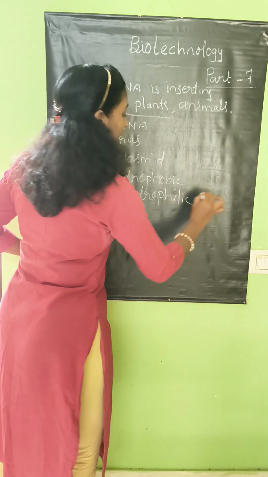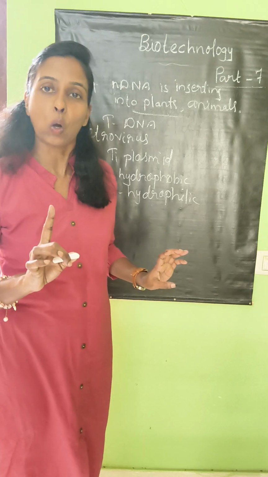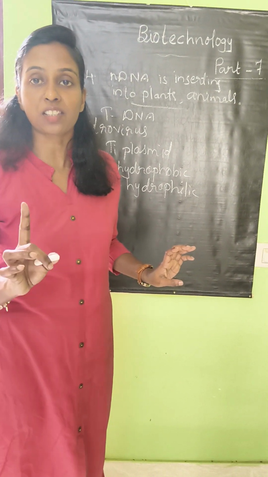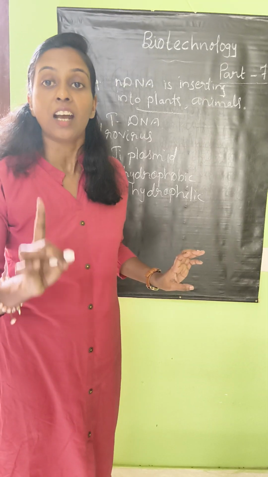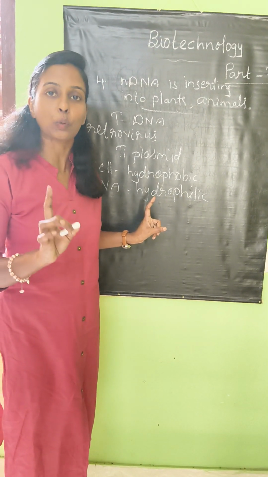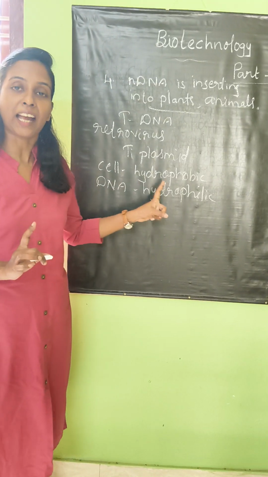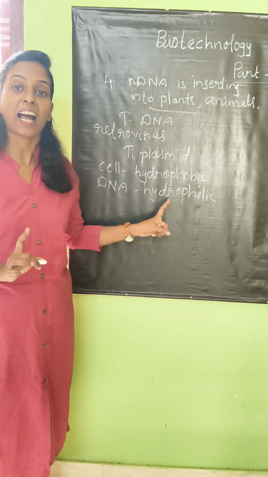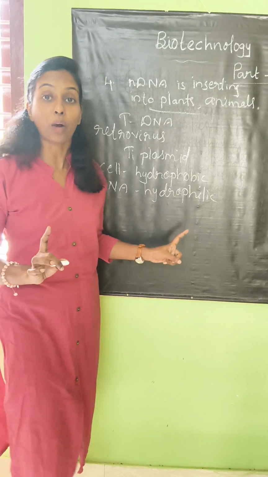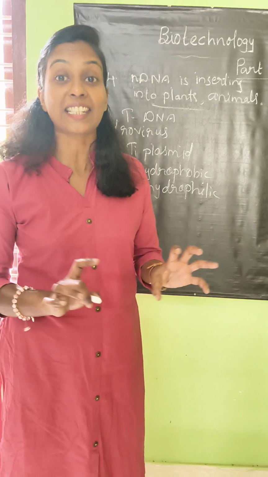The question is how to make a competent host. This is a CBSE board question as well as a NEET question. Before studying the answer, understand that the cell is hydrophobic and DNA is hydrophilic.